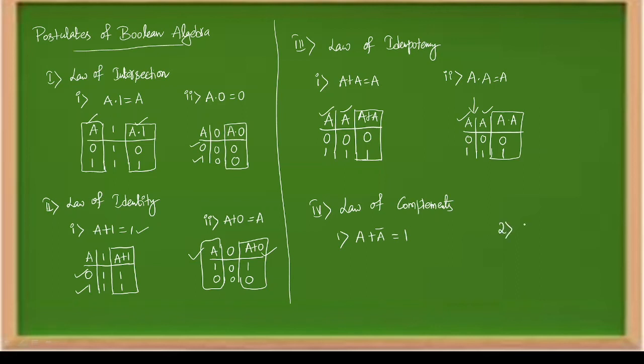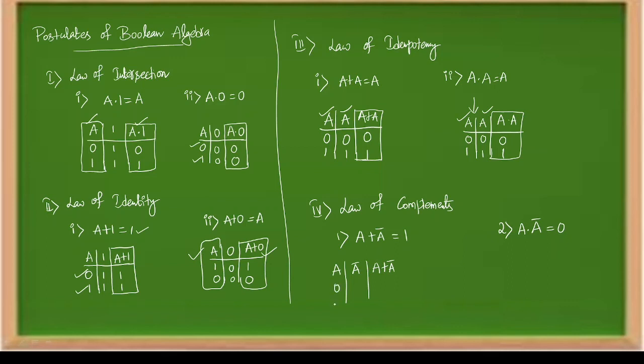Similarly, according to the same law, if you perform AND operation between A and A bar, the output will be 0. Now, how can you do it? Make two entries for A and A bar, and a third entry for finding the A plus A bar value.